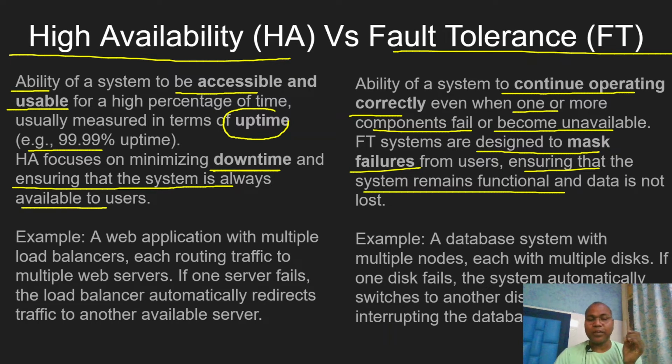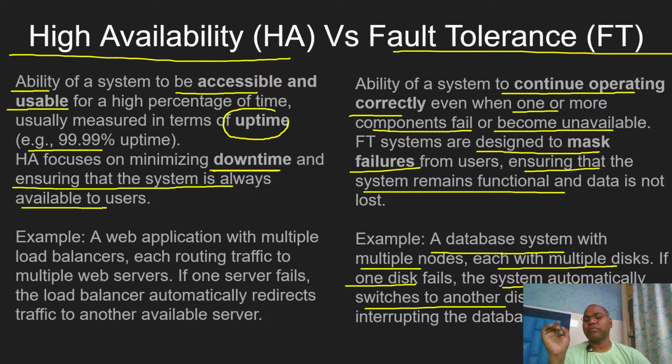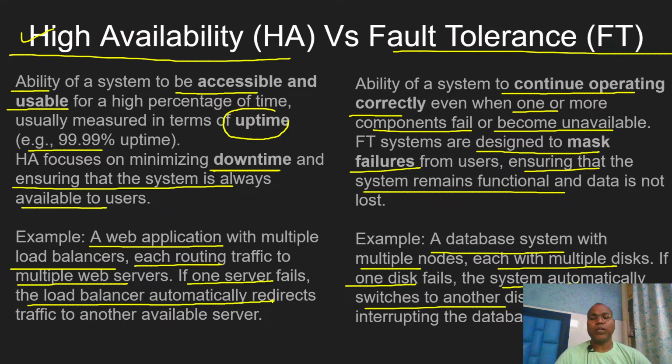For example, in a database system with multiple nodes, each with multiple disks, if one disk fails, the system automatically switches over to another disk without interrupting database operations. Similarly, in the case of HA, take a web application with multiple load balancers, each routing to multiple web servers. If one server fails, the load balancer automatically redirects traffic to another available server.